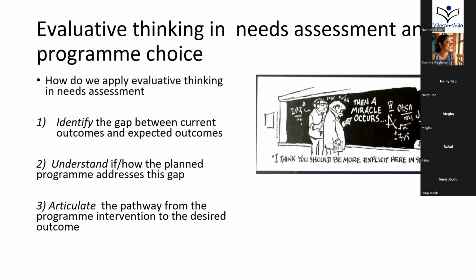So there is this image that you look at here, which is often how programs are thought of. X is the need. This is what I'm going to do. Then a miracle occurs, and then the outcomes improve, right? Because we don't really think about all the various things that happen between me doing one program and all the other factors that are coming into play here, right?